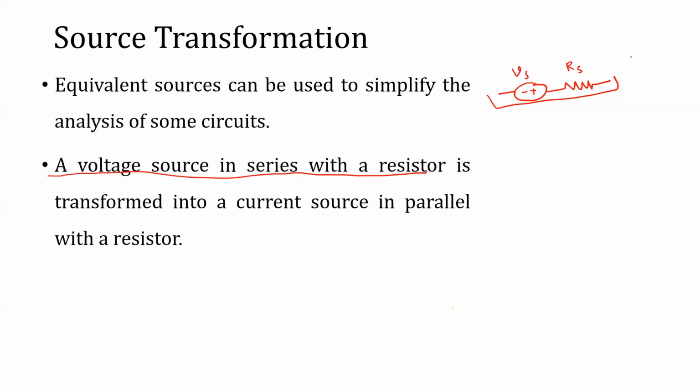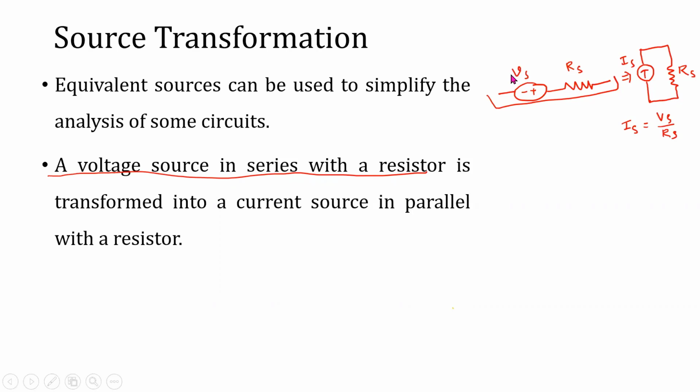So this circuit can be transferred into current source in parallel with a resistor, that is equal to Rs. It is current Is. So how to calculate this Is? Using Ohm's law, Is equals Vs divided by Rs.